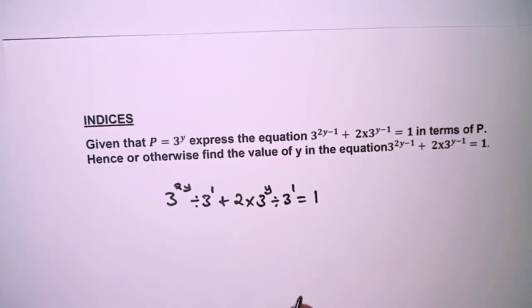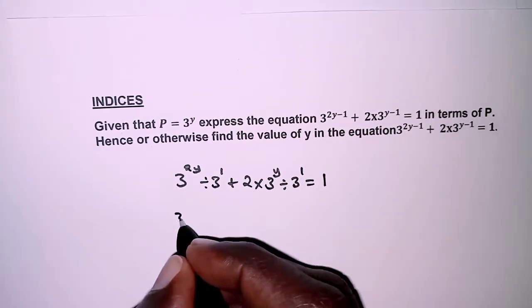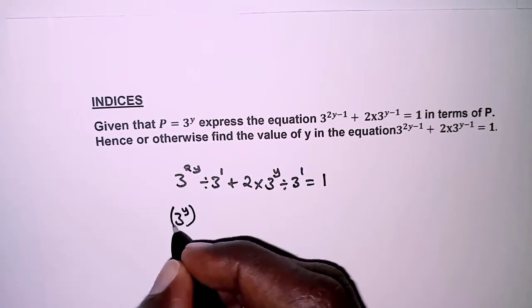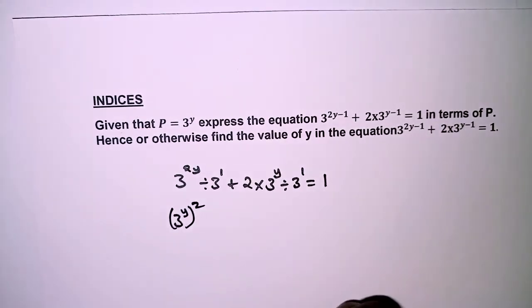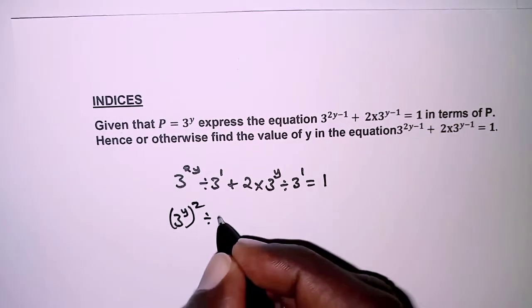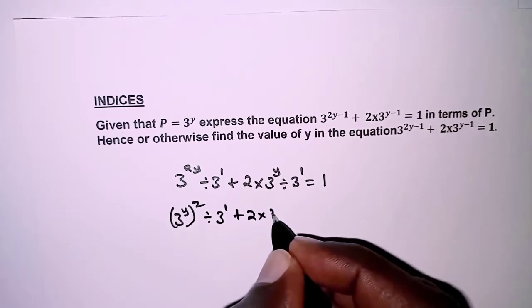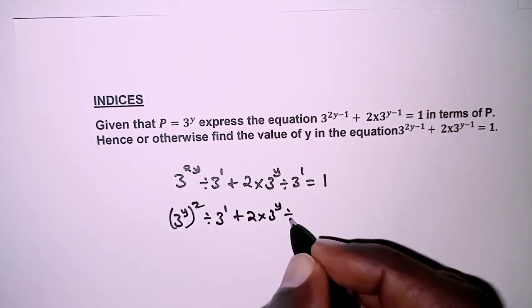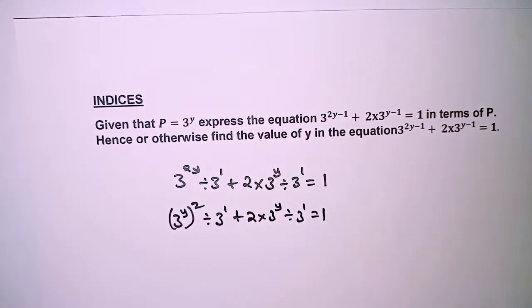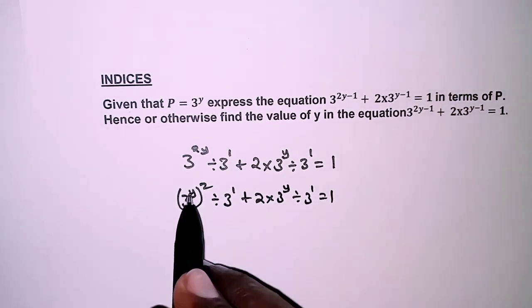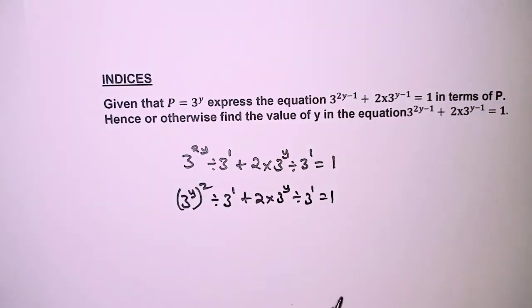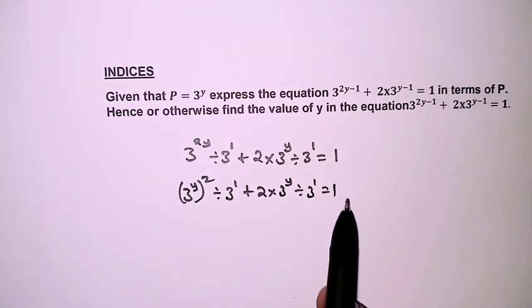For this part, again, you can express it as follows. 3 power y, we separate y and 2, bring 2 out, divide by 3 power 1, plus 2 times 3 power y, divide by 3 power 1 is 1. Remember 3 power y we are told is p, so we need to express this equation in terms of p.